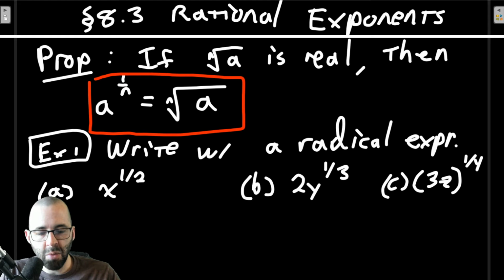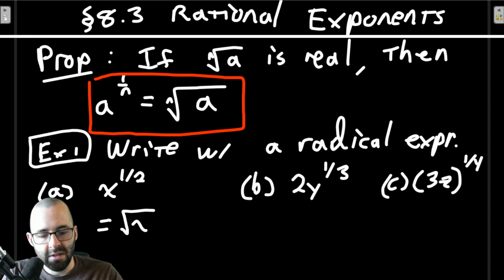Okay, so we use the property. What is our n here? 1 over n, it's 1 over 2. That's going to become the nth root, or the 2nd root, otherwise known as the square root. So this is just going to be the square root of x. Now notice the x is what has the exponent, so the x is what's inside the square root.